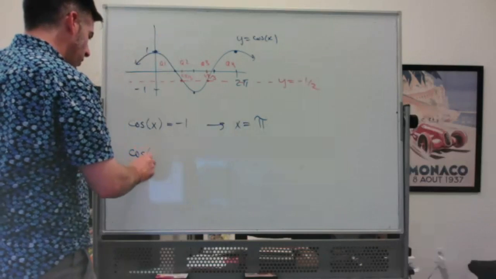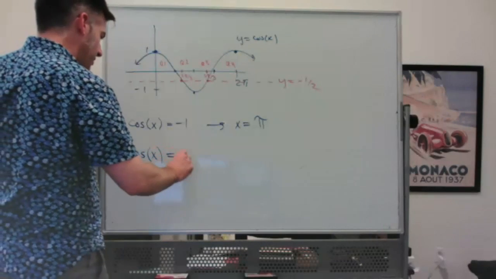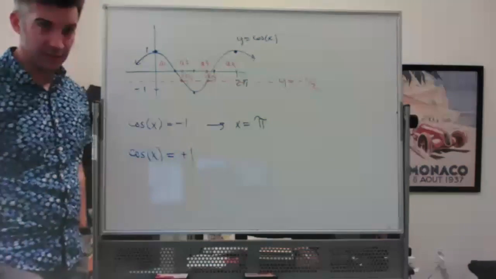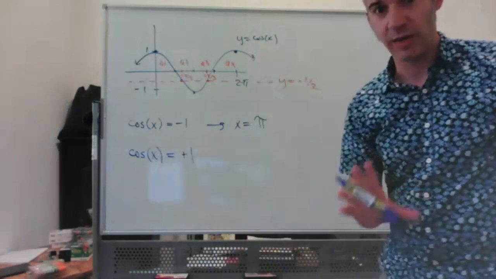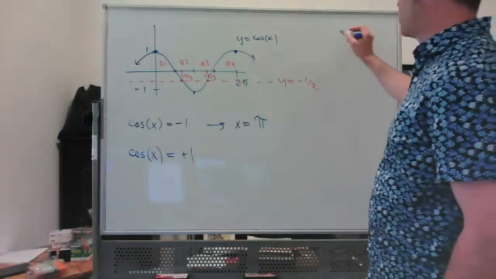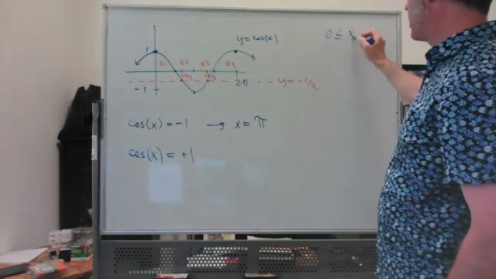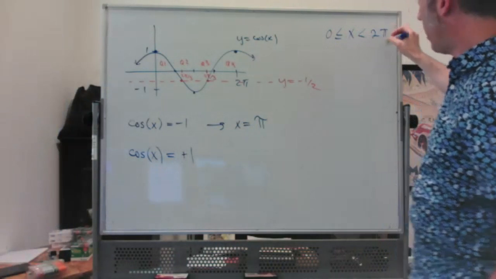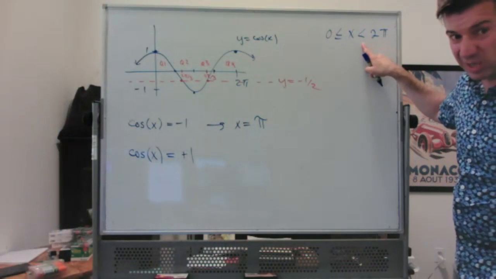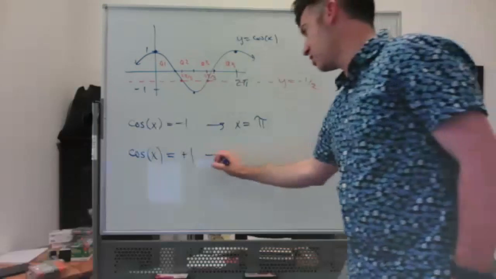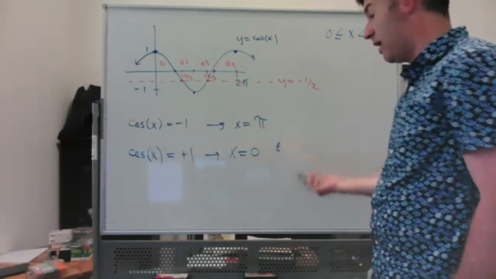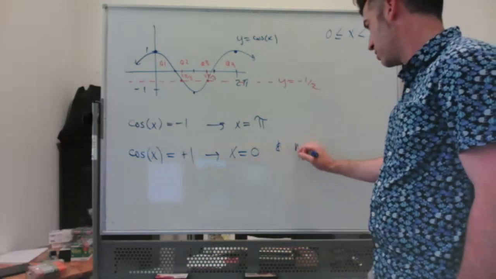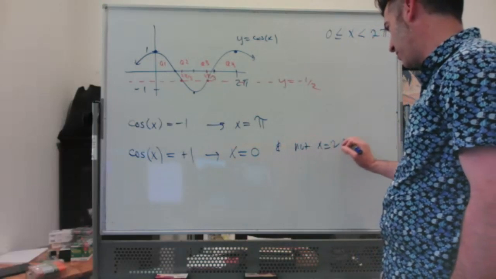I do want to also point out, if someone said solve cosine x equal to +1, technically you only get one solution because of the way we define things. We said our solution should be between 0 and 2 pi, but not actually equal to 2 pi. So our solution here is just x equal to 0 and nothing else, not x equal to 2 pi.